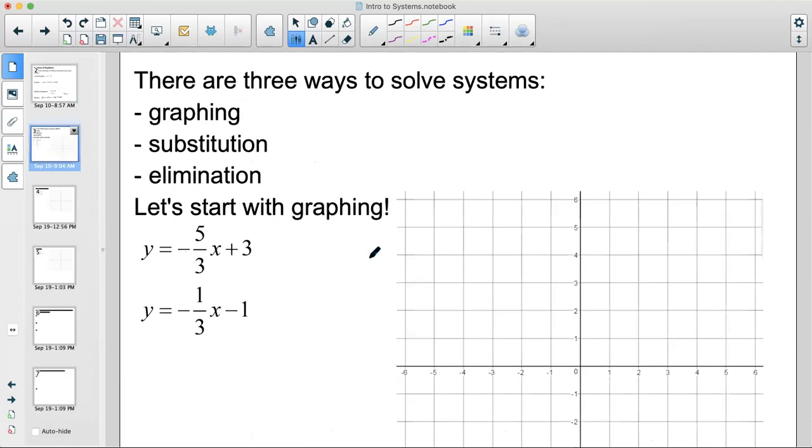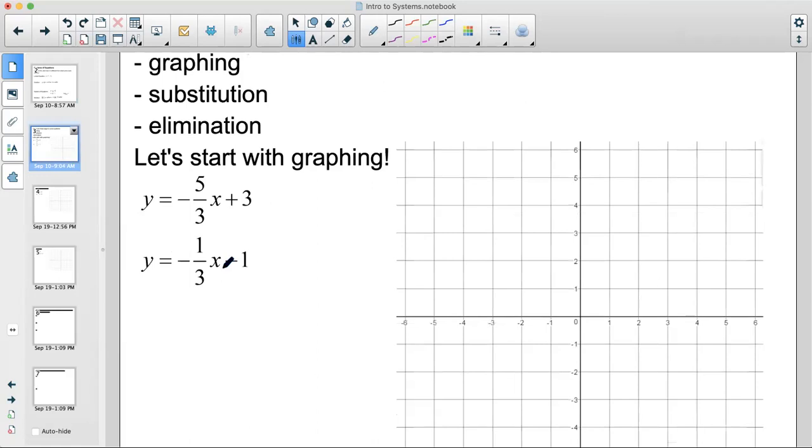There are a couple of ways to solve these: graphing, substitution, elimination. We're going to start with graphing. To me, it's the most intuitive, even though it is the least common. Given these two equations, this is a system: there are two variables, x and y, and two equations. So we could graph these lines.